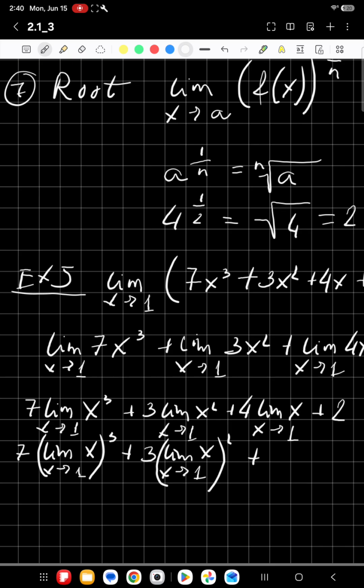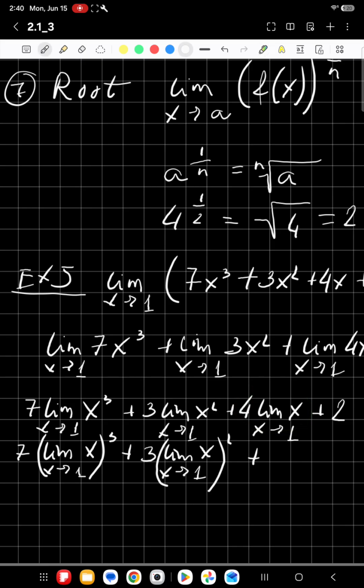Maybe in a moment I'll review those techniques of taking a limit. But basically, the most important and intuitive method of calculating a limit is just plugging that 1 into the function. So if I plug in 1, I'm getting just 1 out of this, times 4, I have that 4, and plus 2.